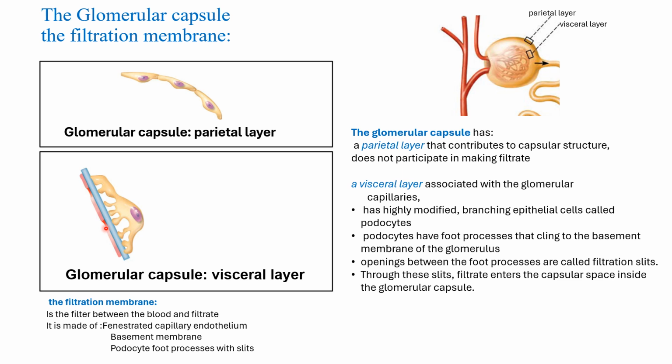These are capillary endothelial cells, and there are slits between the foot processes which are known as filtration slits. Because of these, the filtration is very easy. And this is known as the filtration membrane. The filtration membrane consists of the fenestrated capillary endothelium, the basement membrane, and the podocyte foot processes with filtration slits.